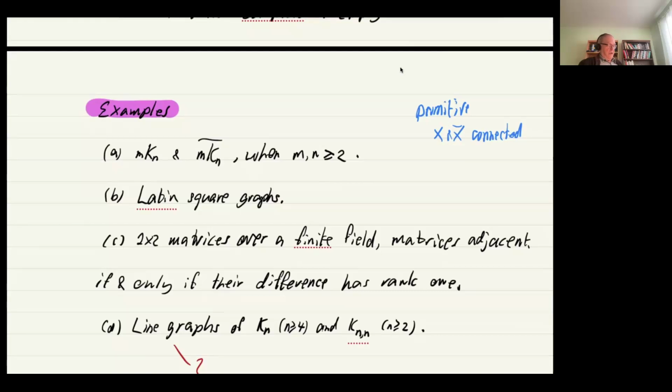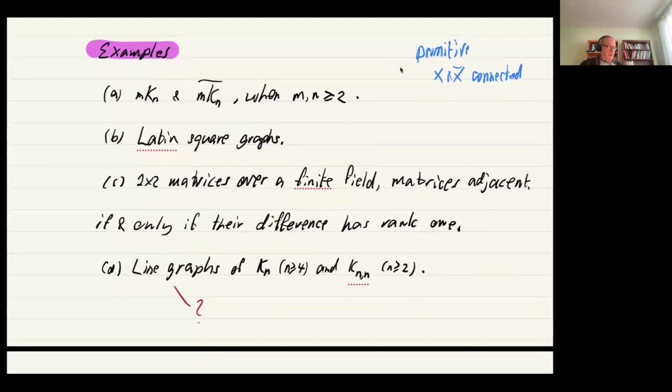Now, here's a stranger example. You take the 2 by 2 matrices over a finite field and declare them to be adjacent if their difference has rank 1. That is a strongly regular graph on a large number of vertices. And the fourth one I've got here is the line graphs of Kn and Knn. Now, of course, I haven't defined line graph.